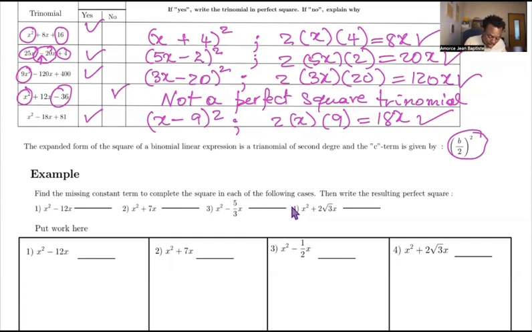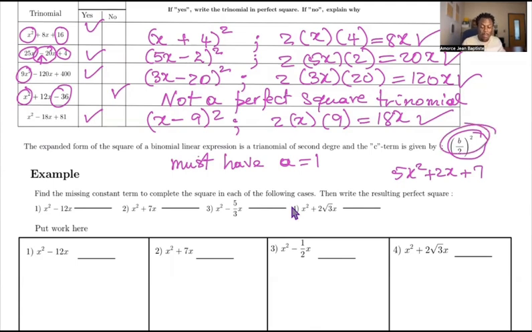We have to make sure that the condition a equals 1 holds. If a is not 1, you're going to have to factor the a out. So if you have an expression like 5x squared plus 2x plus 7, we will need to factor the 5 out before we apply b over 2 squared.